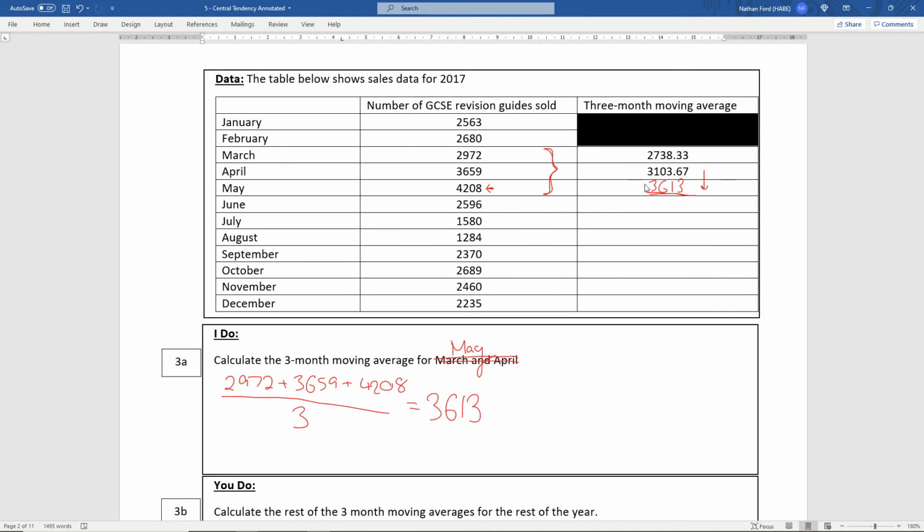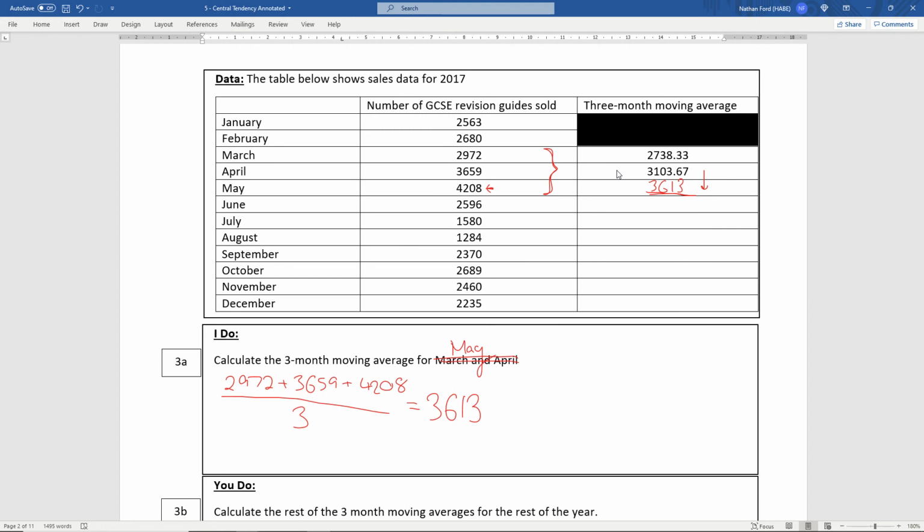If you start plotting this, it gives you a much nicer trend of the data and you can tell whether stuff is seasonal or not. It helps mitigate the spikes of months, or days if you're doing a 7-day moving average. So I want you to go practice doing the moving averages for the rest of these.